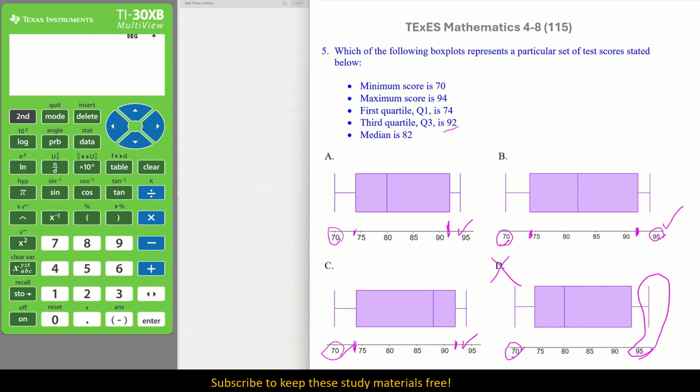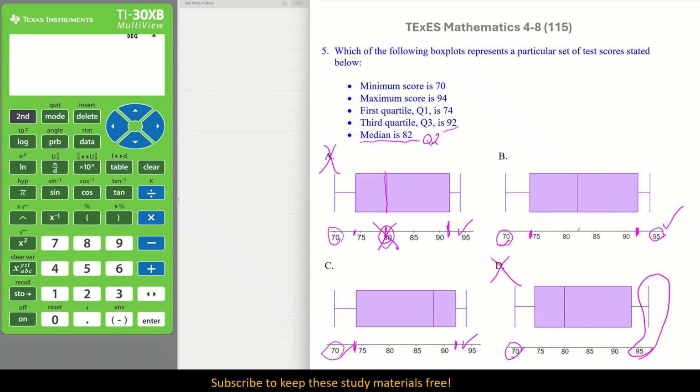That's not helping me. What about your median of 82? That is your Q2, which is this line right here. For this one, it says 80. I do not agree with that median or Q2. So A has been eliminated.